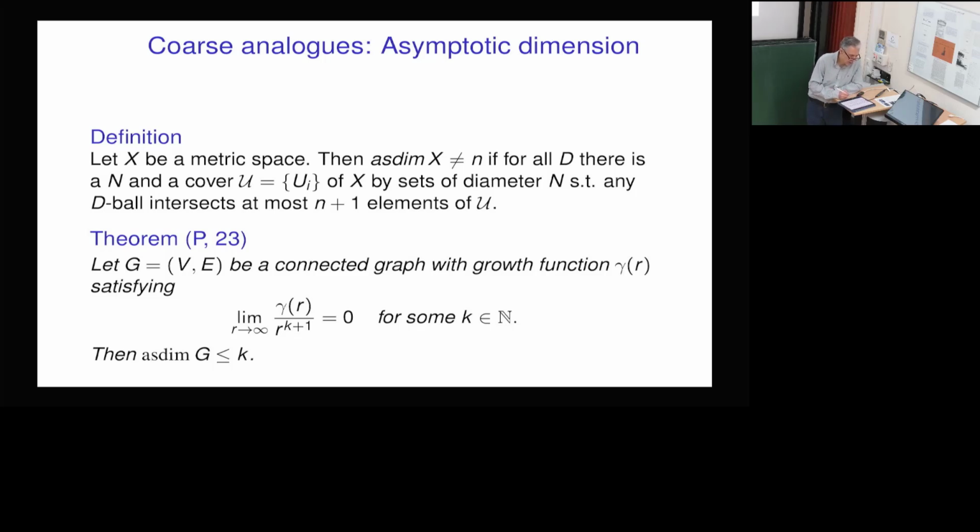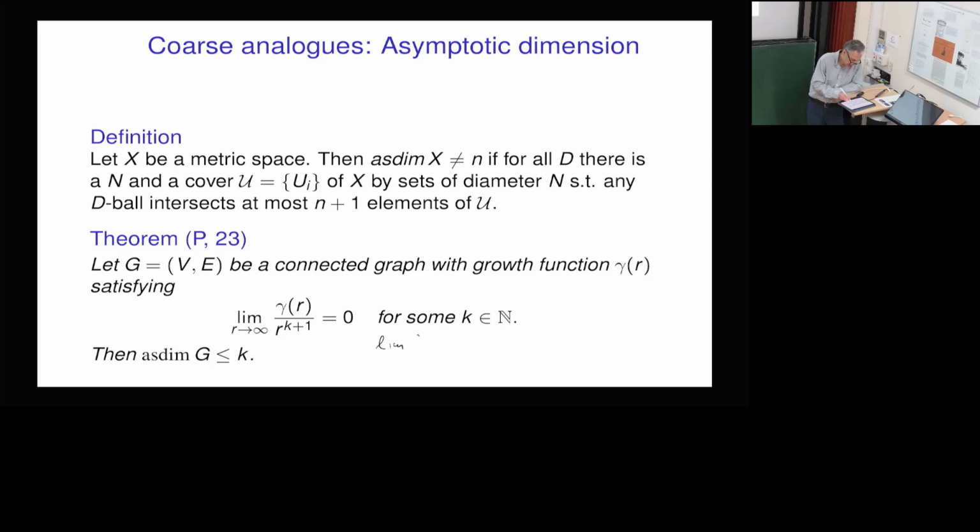The hypothesis is that this limit for some k is 0, and the conclusion is asymptotic dimension is less than or equal to k. Let's say k was 2. For this space we know the upper bound of asymptotic dimension, but can asymptotic dimension 1 be achieved? Let's do an example.